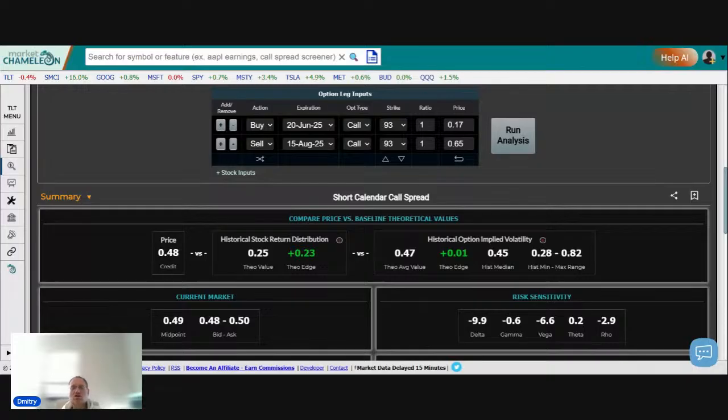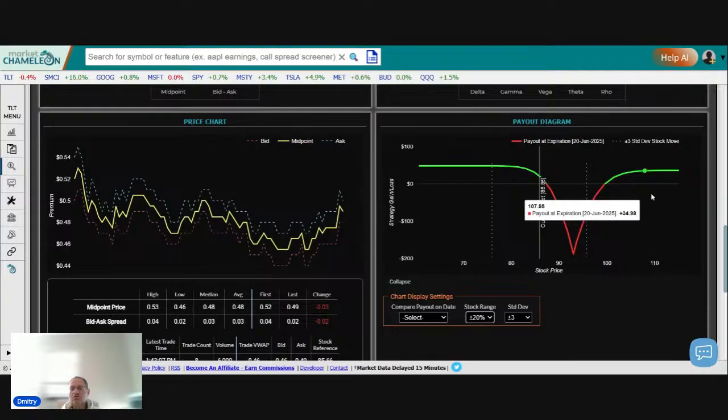They're both just either 0 or worth their intrinsic value. Like, let's say the stock goes to 1,000, well, it's all intrinsic. At that point, they're going to be completely in the money. So that's why from this side, you want it to move away in either direction, away from that strike.